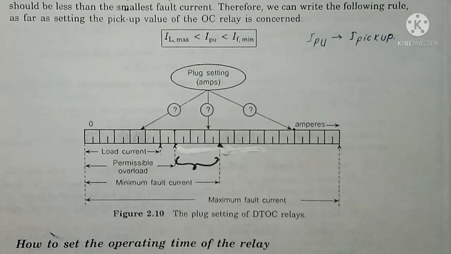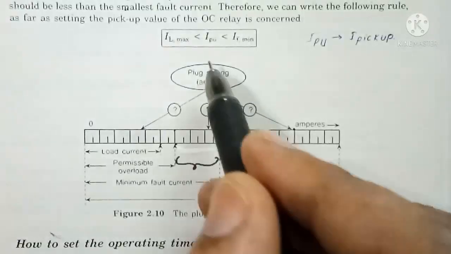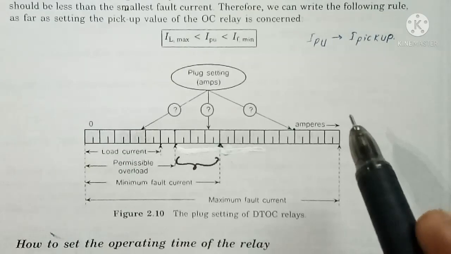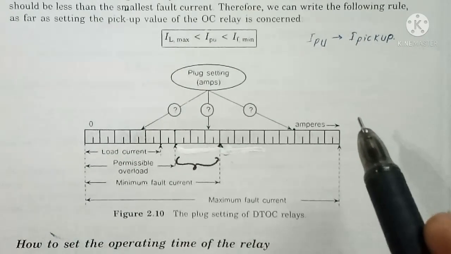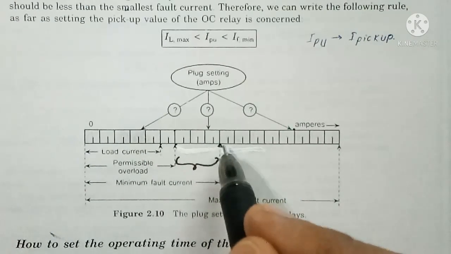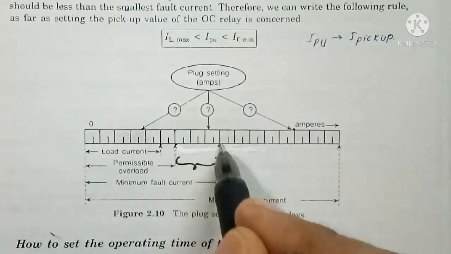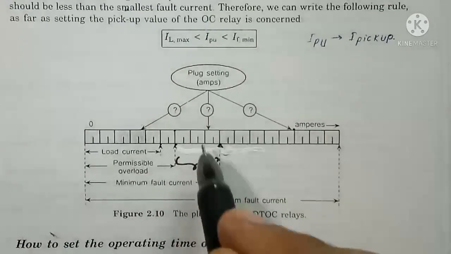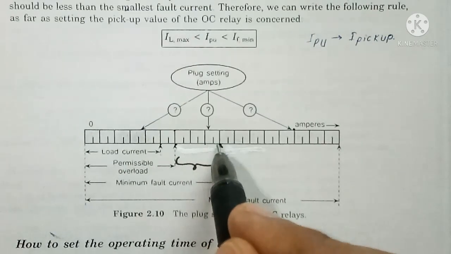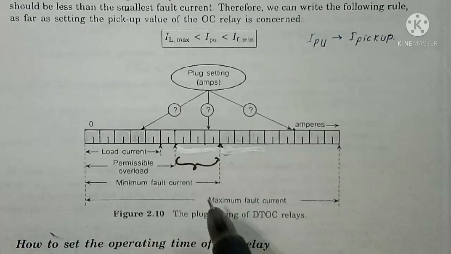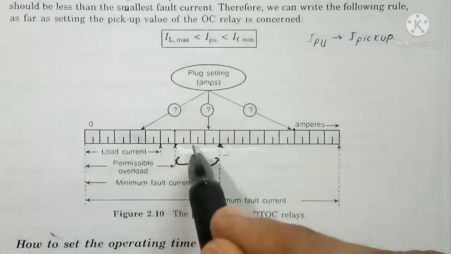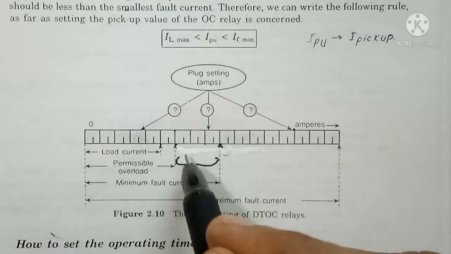So as per our discussion, the pickup current should be more than the maximum permissible load, and it should be just less than minimum fault current. So we have to select the pickup current between these 2 points. But it is better if the pickup current is closer to the minimum fault current. Otherwise, the relay may mal-operate for the permitted overload current.